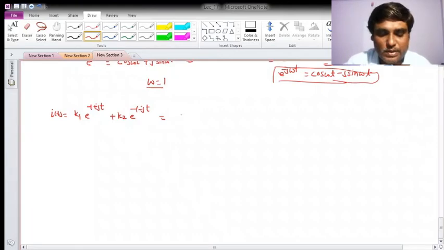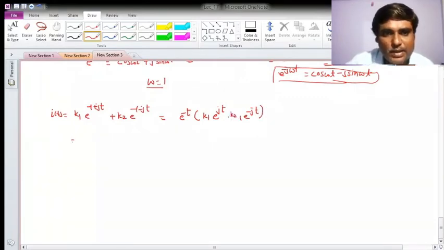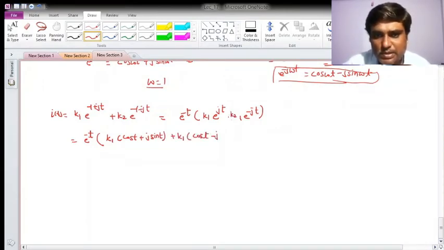I'll take e raised to minus t common, so it will be k1 e raised to jt plus k2 e raised to minus jt, and then I can solve this as k1 (cos t plus j sin t) plus k2 (cos t minus j sin t), right?